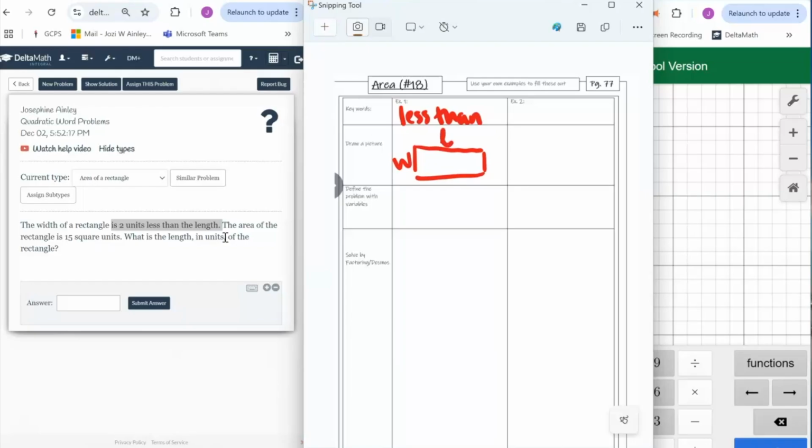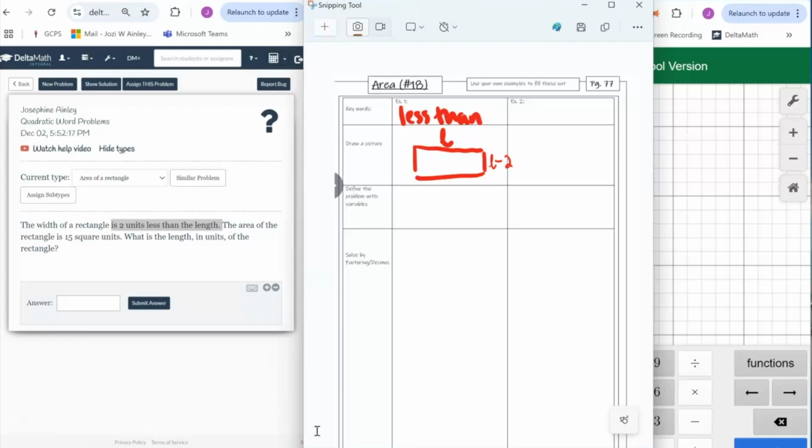And then it says that the width of the rectangle, so this is the width, the W, right? So I'm actually going to delete the W real quick. And then it says that the width of the rectangle is 2 units less than the length. So I'm going to take the length and subtract 2 because it's less than the length. And that makes sense because the width is shorter than the length in a rectangle.